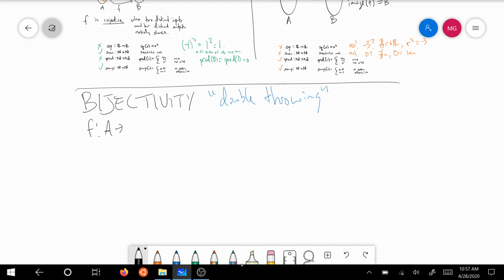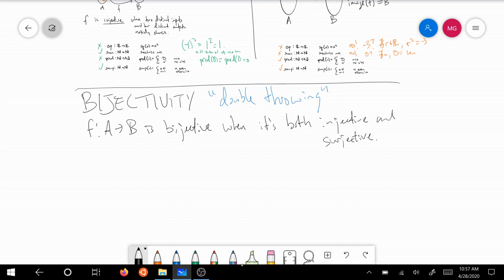F from A to B is bijective when it's both injective and surjective. This is like the centaur, the twofer, like the peanut butter and chocolate in a Reese's peanut butter cup. It's both of the things that you want.